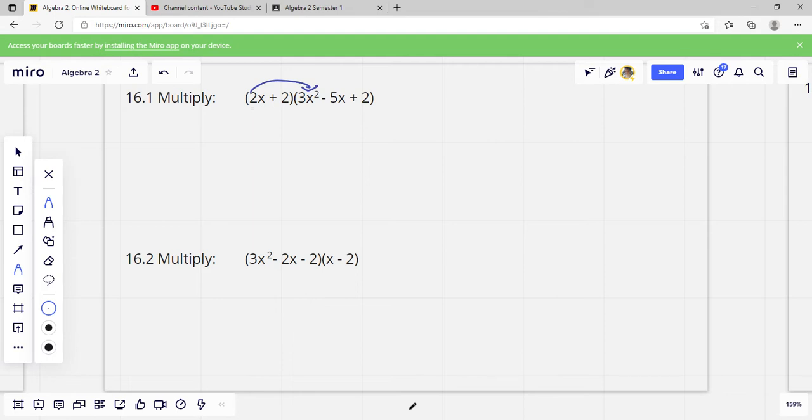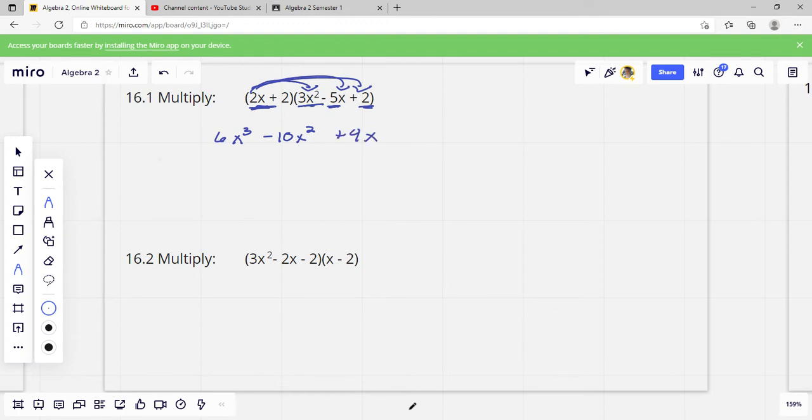So 2x times 3x squared. 2 times 3 would be 6x to the third, because I've got an x here and 2 x's there. Then I'm going to go to my next term. So I need 2x times negative 5x, which will be negative 10x squared. Now my last one. I need 2x times 2, which would be 4x.